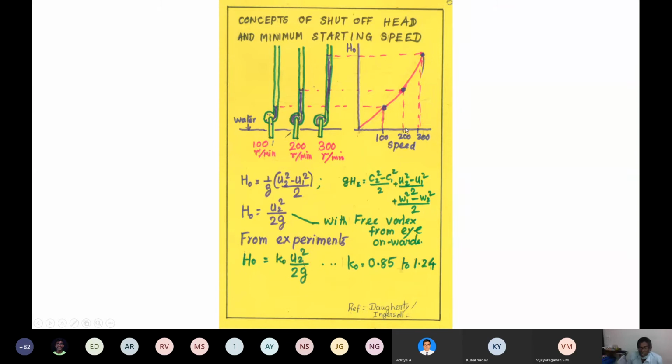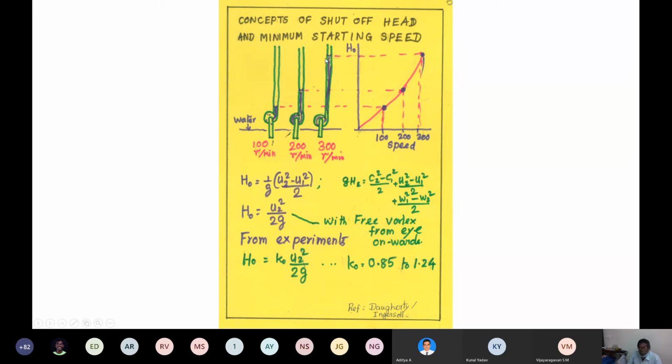Then what is this idea of minimum starting speed? Now, to produce this head, the impeller rotates at a particular speed. Suppose my particular situation has a head indicated, at that 300 revolutions per minute. In that situation, if I want some discharge, the minimum starting speed will be 300 revolutions per minute.